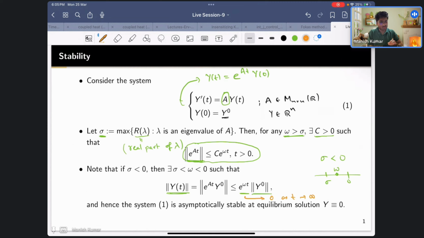So the norm of the solution y(t) is converging to 0, which means the solution is converging to the equilibrium solution y equal to 0.